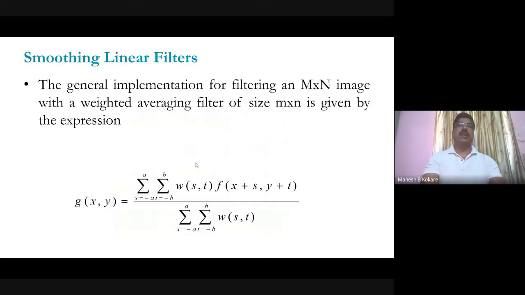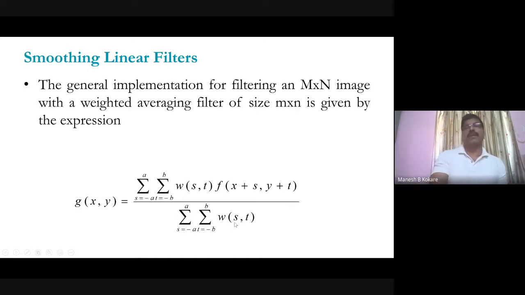In general, whatever operation we are doing can be represented with a mathematical formulation like this one. You are finding G of x y, the value of the filtered output, and this is done by multiplying the weights of the kernel function or filter function with the intensity, adding them up, and finally dividing by the total weight.